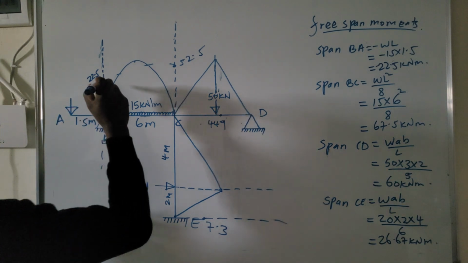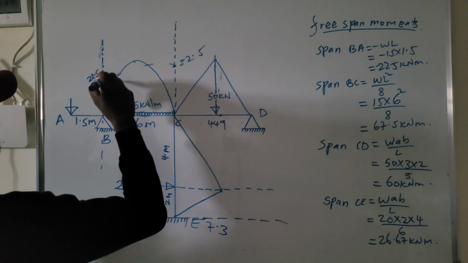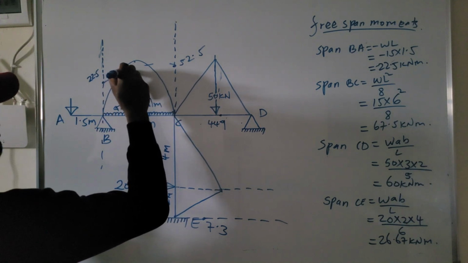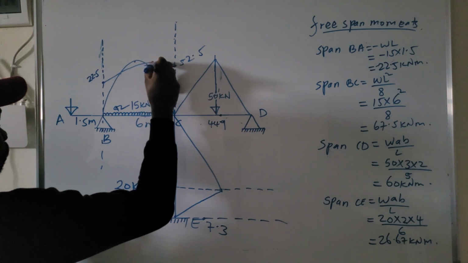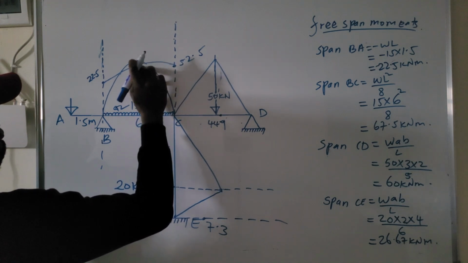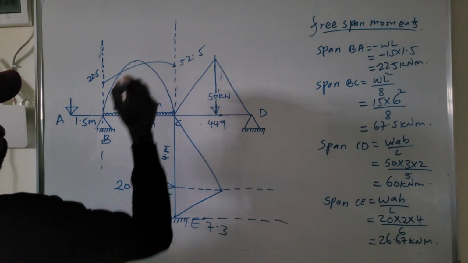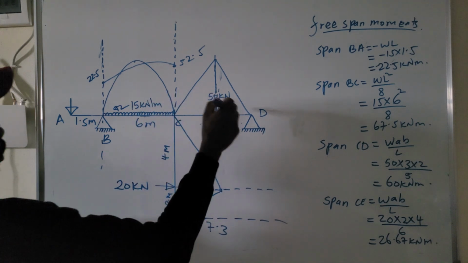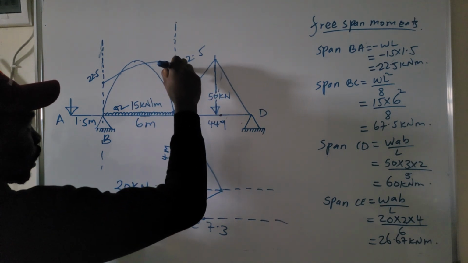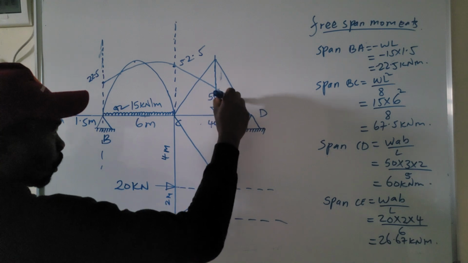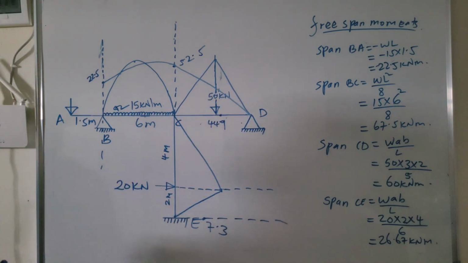So this one is a curve. And this one is an inclined line up to 0.